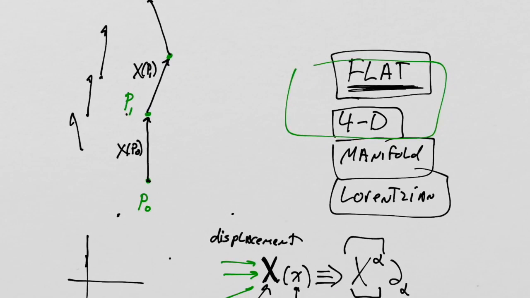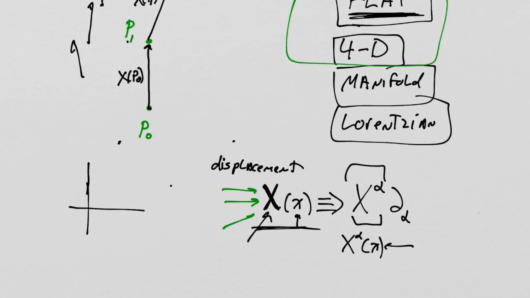We're only going to consider right now this first one from P0 to P1. But we're going to also introduce a second vector field. That one we're going to call Y of x, and it's going to be Y^β ∂_β. And again, Y is a function of spacetime.